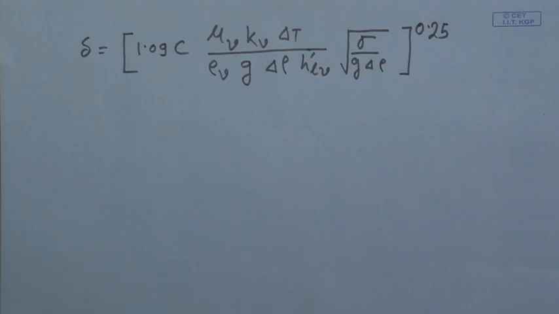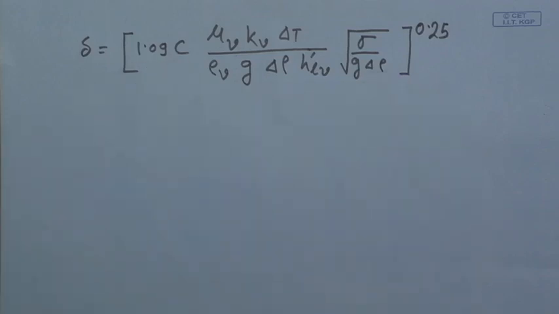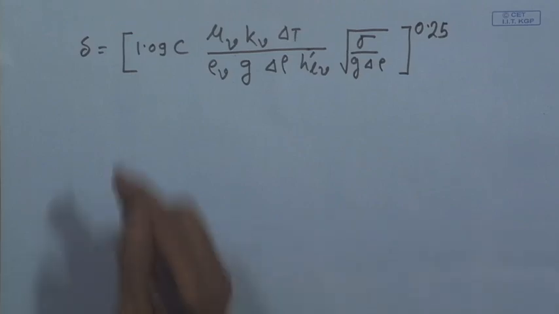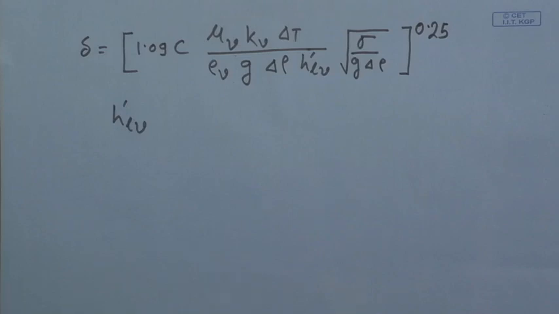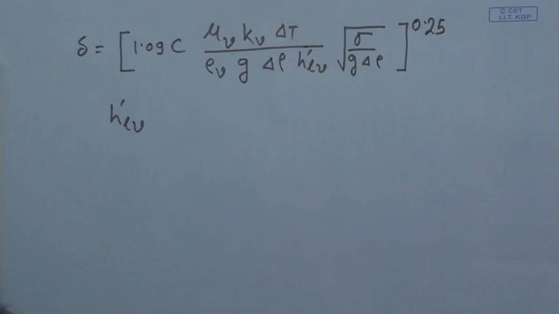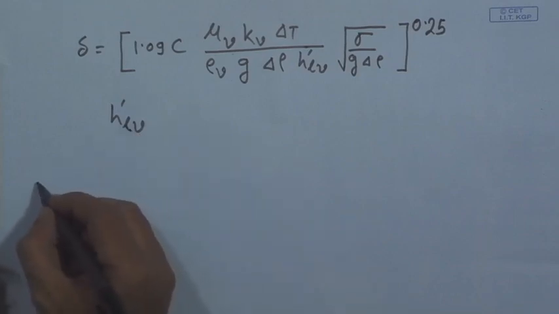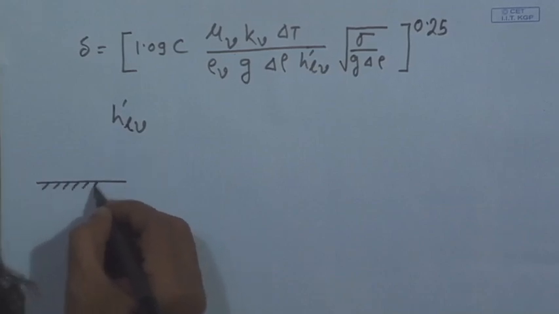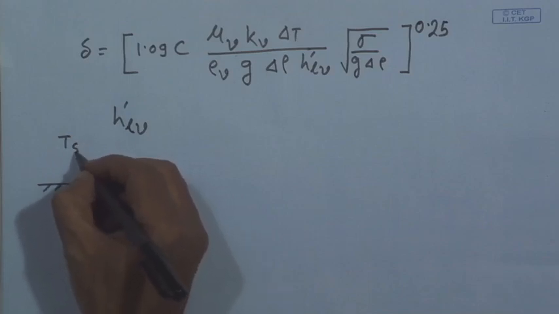So, delta can be obtained by some sort of mass and momentum balance by this particular equation, and C is some sort of numerical constant. Now, H_LV dashed is some sort of modified latent heat of vaporization, because the wall is at a temperature T wall and the liquid could be at T saturated.